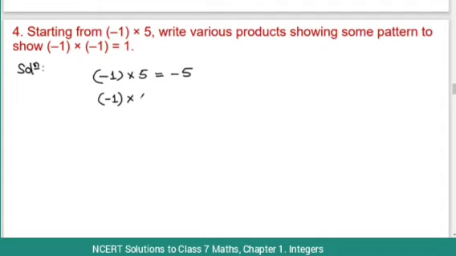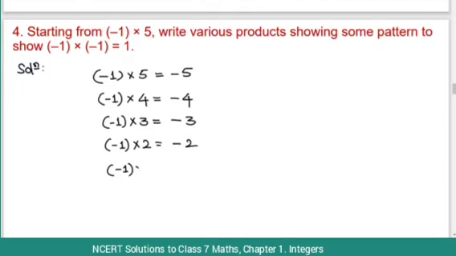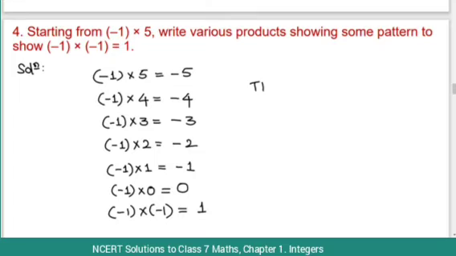Minus 1 into 4 is equal to minus 4, minus 1 into 3 is equal to minus 3, minus 1 into 2 is equal to minus 2, minus 1 into 1 is equal to minus 1, minus 1 into 0 is equal to 0, minus 1 into minus 1 is equal to plus 1 because minus minus get cancelled. So minus 1 into minus 1 is equal to plus 1.